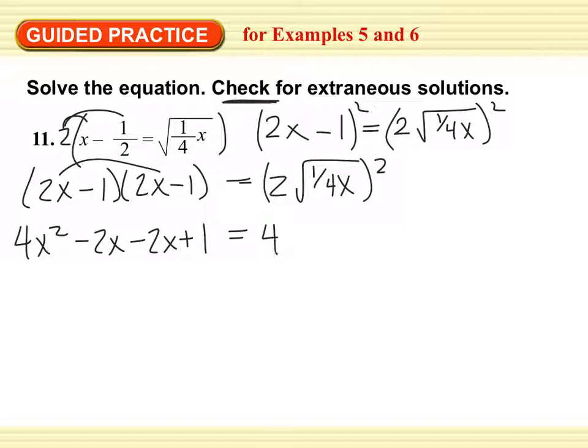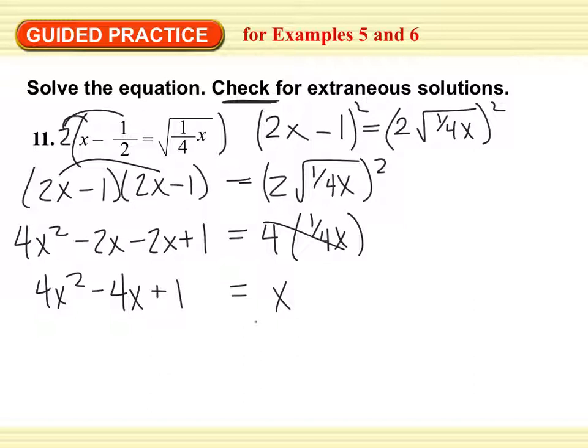I have 4 times 1/4 x. Isn't that pretty how that goes away? On the right, these cancel, and I'm left with x. So 4x squared minus 4x plus 1. Subtract x from both sides. 4x squared minus 5x plus 1 equals 0.